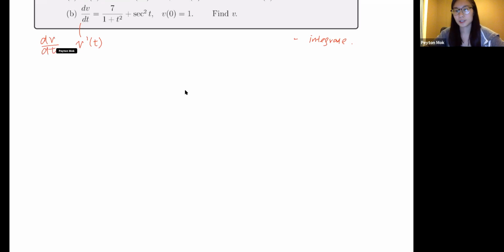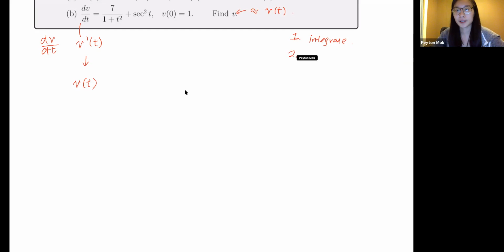Just now the question gave you f prime of x, so you integrate it to get back f of x. Now you want to integrate this to get back v of t. Whenever they say find v, it means find a function v, which is equivalent to v of t as well. So the first step is always to integrate.